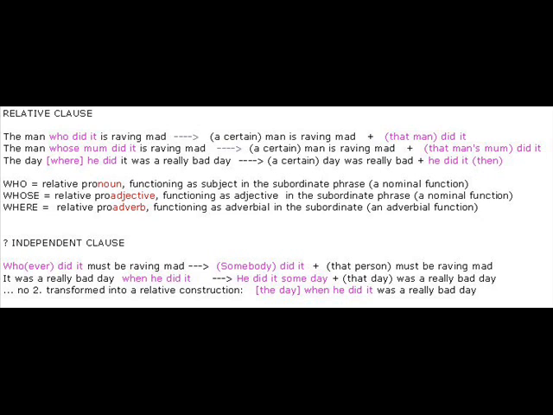But also here we have got an adverbial case. "When he did it" is a temporal adverb in the main clause, and inside the subordinate, the word when has the role of temporal adverbial.